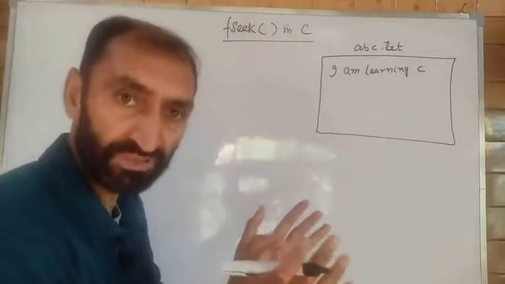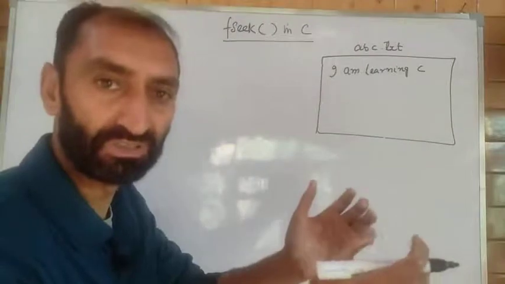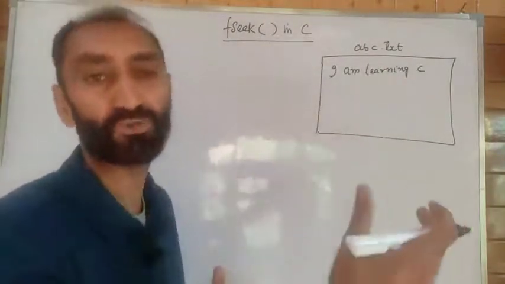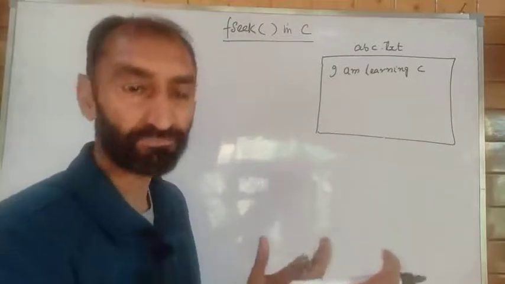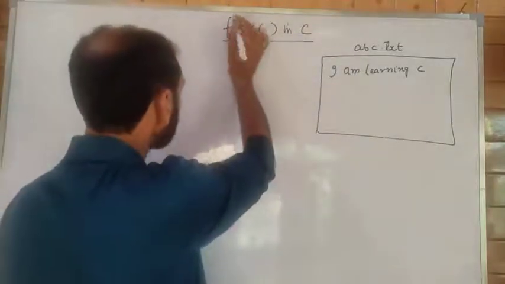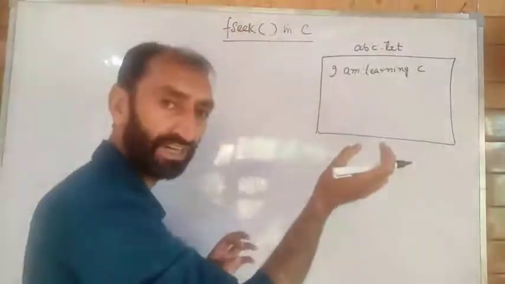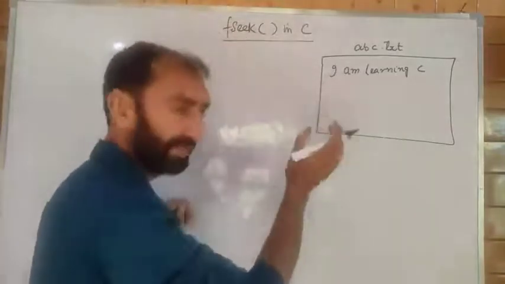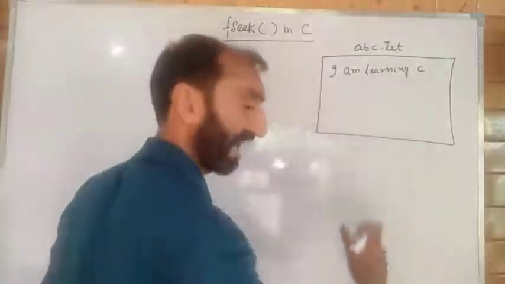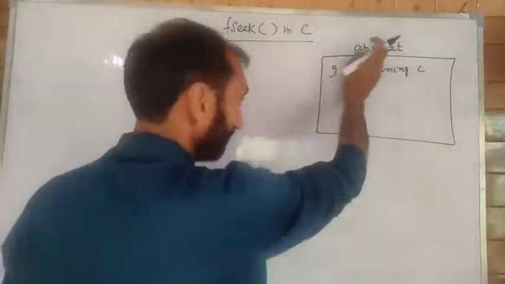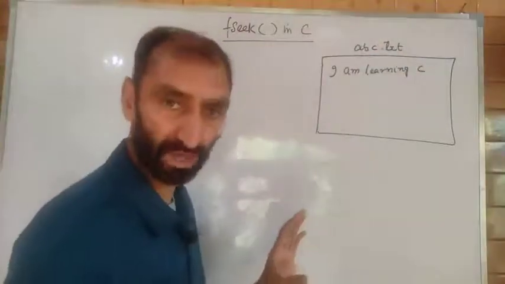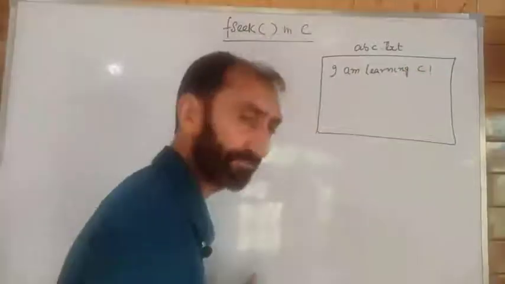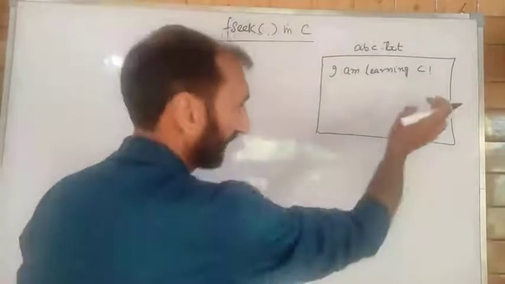The fseek function is used to move the cursor to a specific position, because the main purpose of this fseek function is to move the cursor to a specific position. For example, if I have the text I am learning C and I have opened this file in R plus mode, the cursor is at the end.